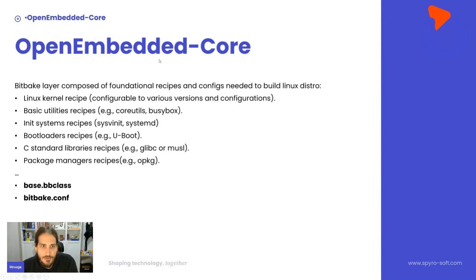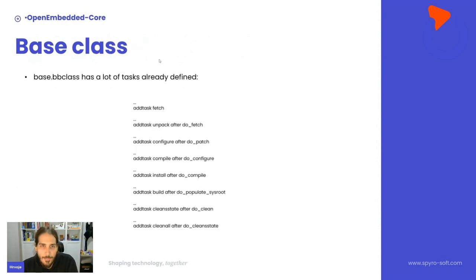And how do they look? Well, they are huge files with a lot of tasks and configuration, but in short, base BB class has these tasks defined. So we have fetch, unpack, configure, compile, install, build, clean, all. And they all have some default implementation, which we will check out later.